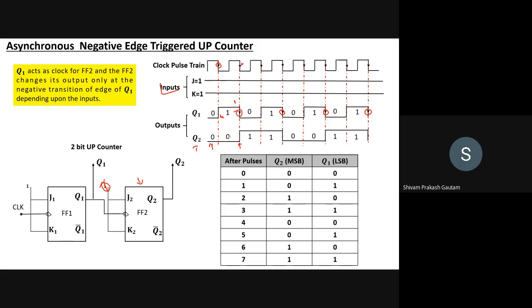So the output will toggle from 0 to 1. That is why it has become 1, right? And it will remain at 1 till the next triggering cycle. The next triggering is occurring at this point. Since this is a negative edge trigger, again it will toggle from 1 to 0. So the next triggering is taking place at this instant. It will remain at 0 till the next, right? So on and so forth.